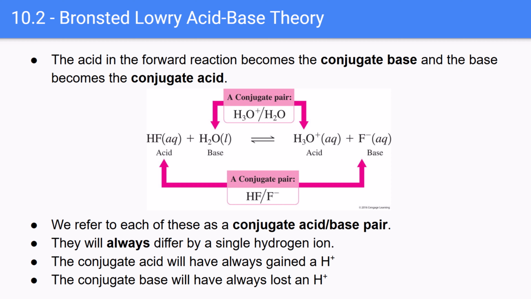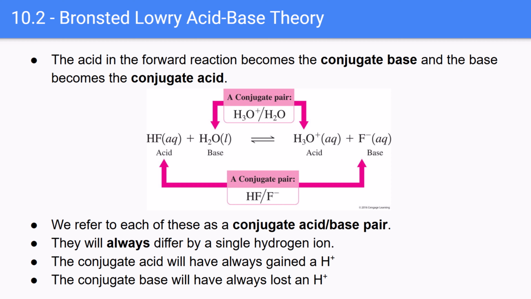So acid becomes conjugate base, base becomes conjugate acid, and we refer to these as conjugate acid-base pairs. There's always going to be two of them in each reaction. And they're very easy to identify because they're always going to differ by just a single hydrogen. So notice that HF and F- is a conjugate pair. They differ by a single hydrogen, and H3O+ and H2O are a conjugate pair as well. They differ by a single hydrogen. Another way to look at this is that the conjugate acid will always have gained a hydrogen, and the conjugate base will always have lost a hydrogen.